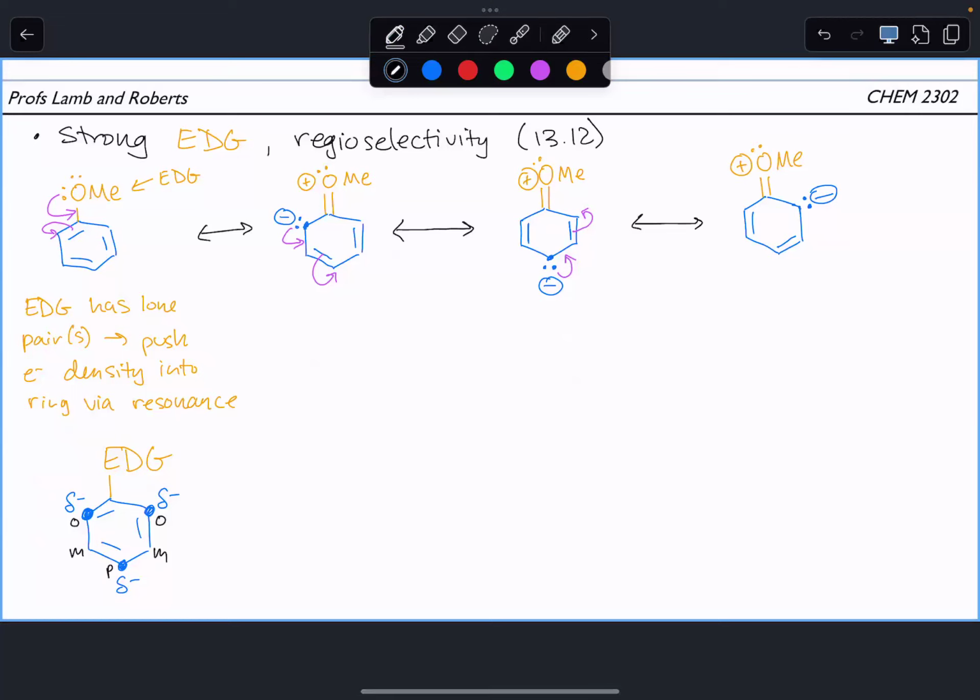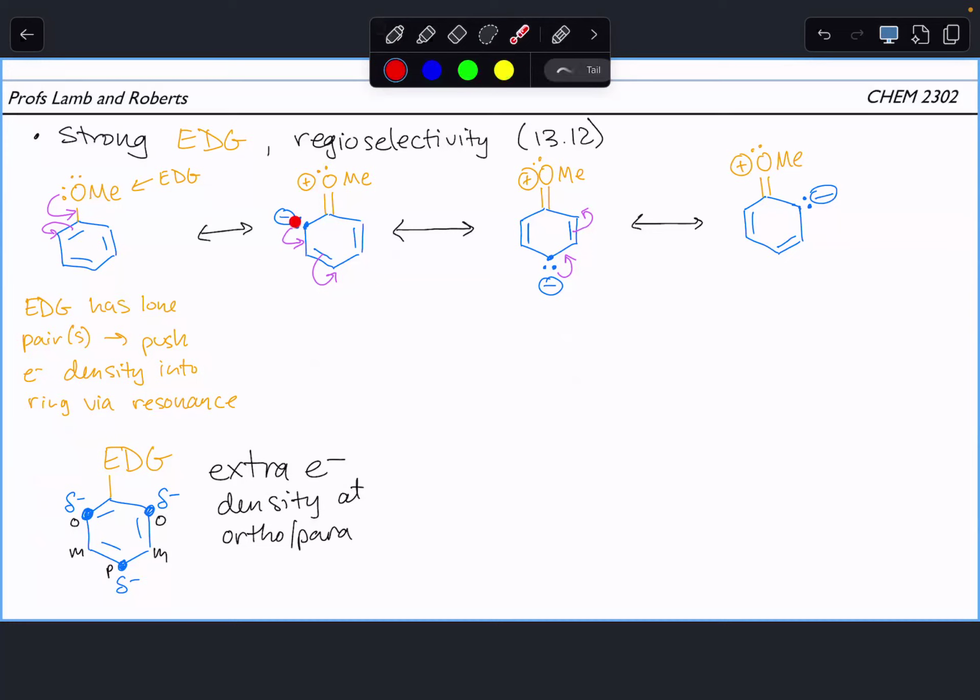These resonance structures told us that we have extra electron density at the ortho and para positions, because the resonance structures show negative charges at those positions.